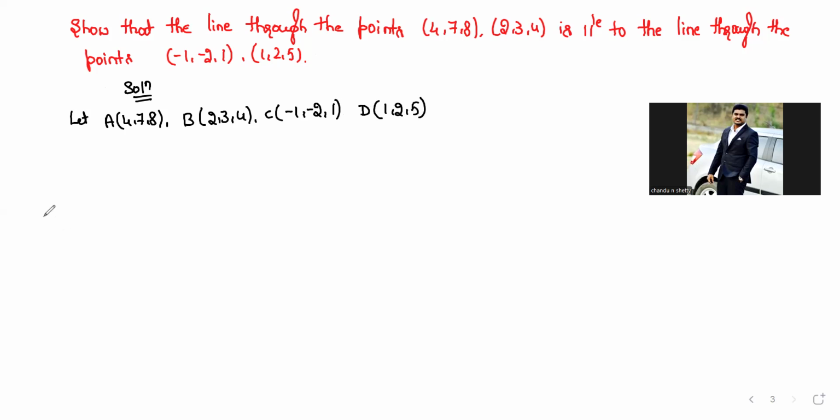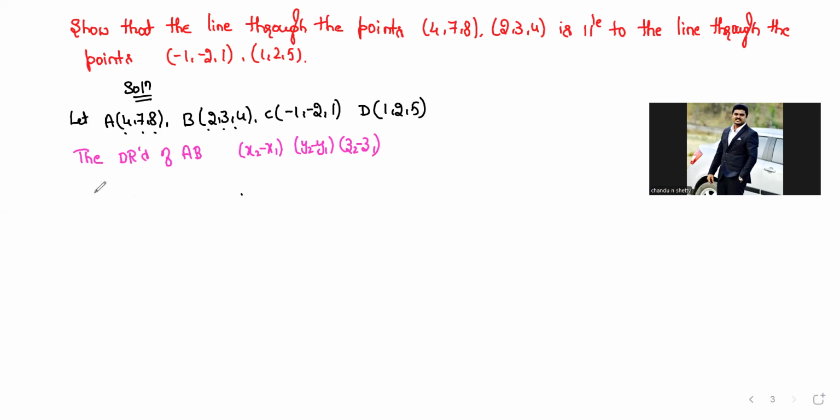Clear, all of you? Now observe, we want to find the direction ratios of AB. We know the formula: x2 minus x1, y2 minus y1 and z2 minus z1. Okay, so here x1, y1, z1, x2, y2, z2.